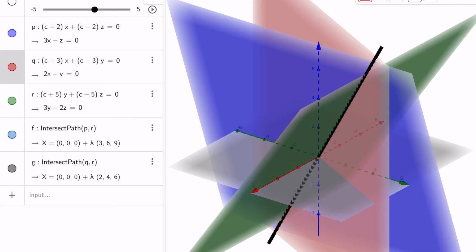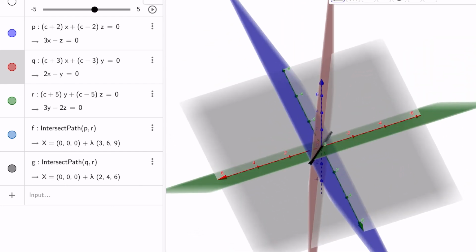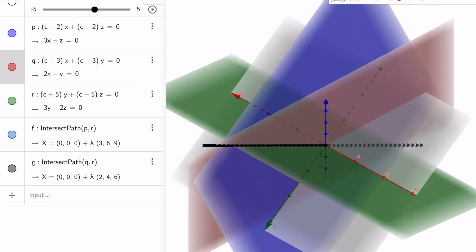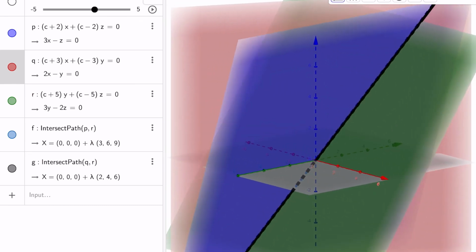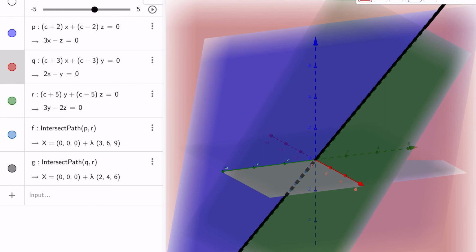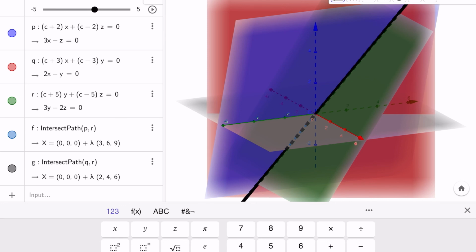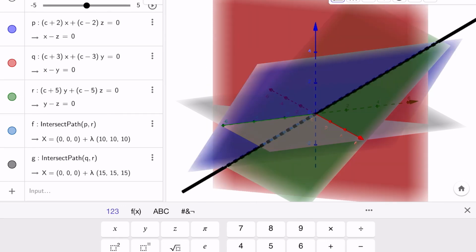Here's my GeoGebra diagram which I made earlier. In this case it's showing c is equal to 1, and you can see that the three planes, when you make c 1, they all simplify down and they're intersecting along a line. And that line actually goes to the origin because we knew that 0, 0, 0 was a solution, always. Doesn't matter what c is. If c is equal to 0, then we get the same thing happening.